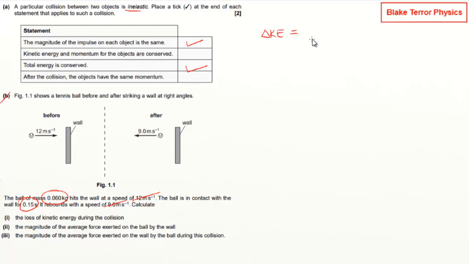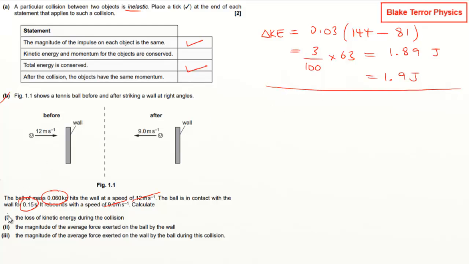What was the mass? 0.06, so half m is 0.03. Then the v squared: 144 minus 81, so not very big in all of this. The difference is 63. So 3 over 100 times 63 is 189 over 100, so 1.89 joules. We're still on two significant figures, so 1.9 joules.